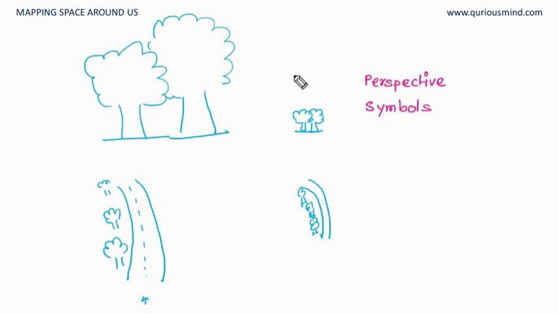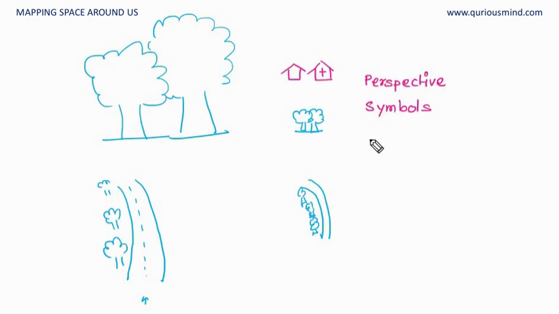If I have a house, I may show the house like this, or if I have this as, let's say, a hospital, I will still show it like this, but only maybe show a plus sign to indicate that this is a hospital. So this is how I will use it in a map, whereas in a picture we will have to draw these things to the scale and using a certain perspective.